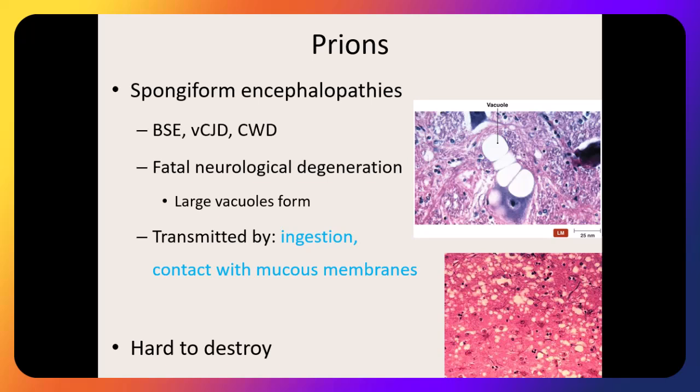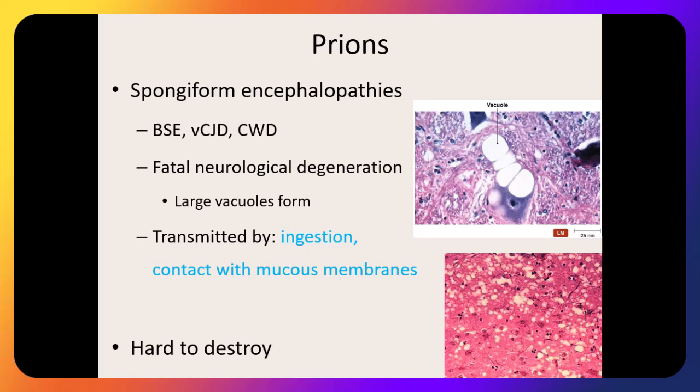Your brain tissue is breaking down because that protein can no longer do its job, and your brain tissue starts to have all these little open cavities, so it starts to look like a sponge. You can't go back in and fix that once the damage is done. So it's a fatal neurological degeneration. It's a very slow progression. Well, I shouldn't say that. Some are faster than others. Others could be decades later.